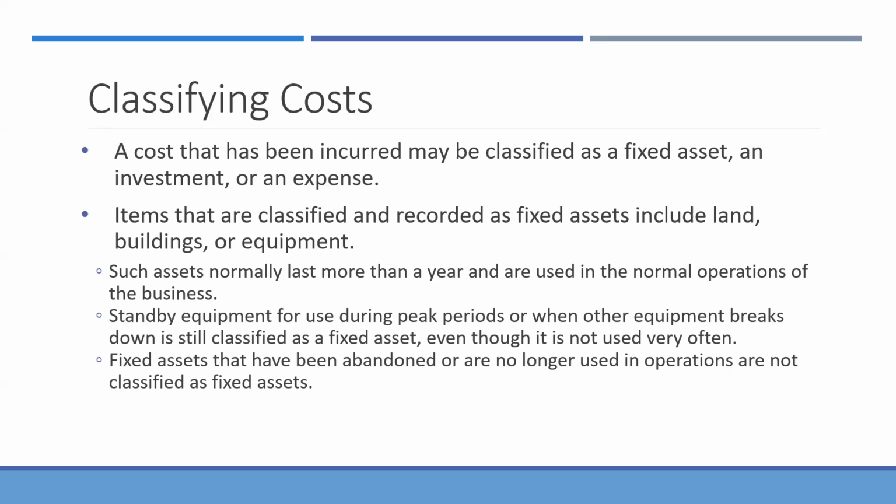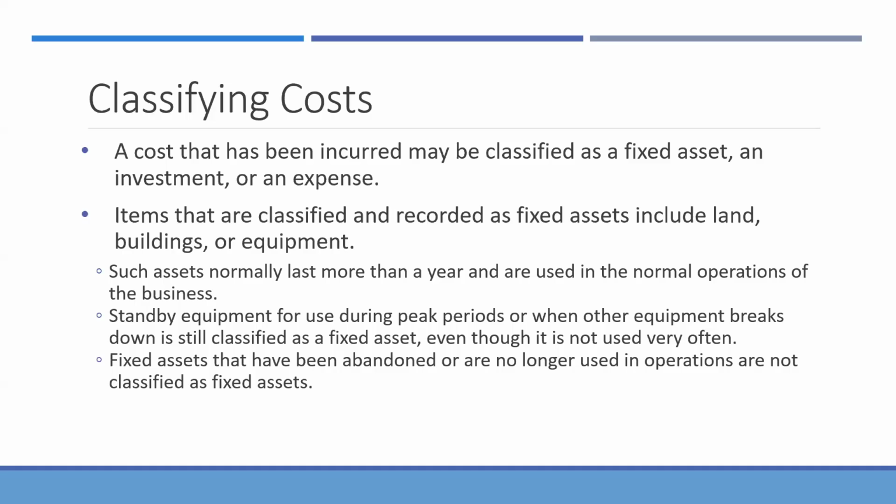And a cost that's incurred by the business can be classified as a fixed asset, an investment, or an expense. So think about a company purchasing something. If they're purchasing a tractor for use in the business, that would be a fixed asset. If they're purchasing a bond or another type of investment, that would be an investment.